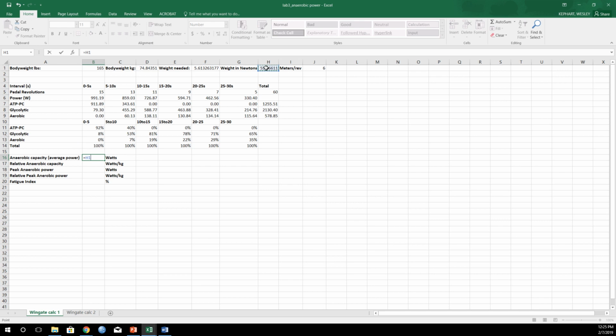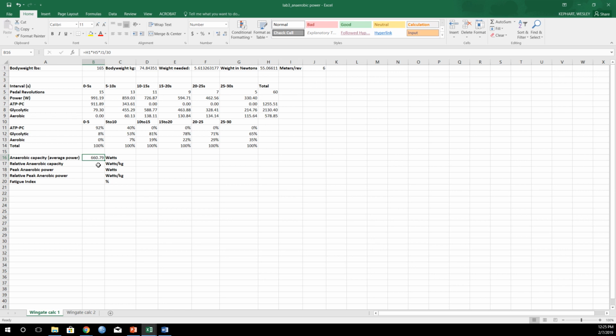So let's click on the newtons, multiply that by the total revolutions, and then multiply that by the meters per revolution, 6. Enter that. Now that looks like an absurd number, and yes it is. So we have to divide it by 30 seconds. So the average power over this whole 30 seconds, this individual maintained 660 watts over the totality of this.